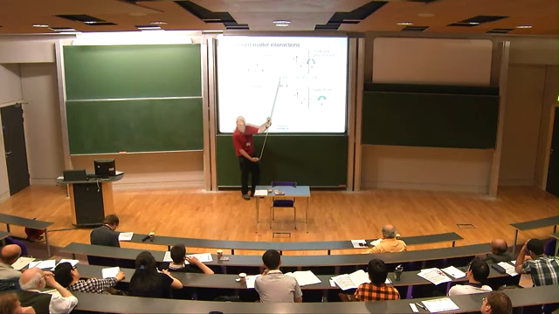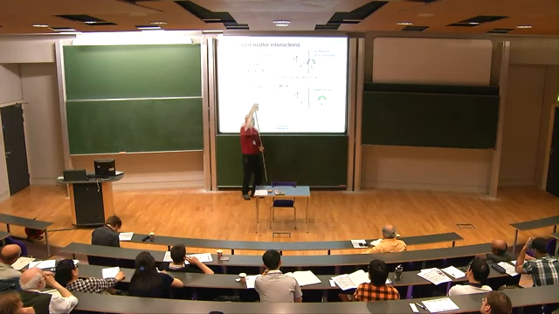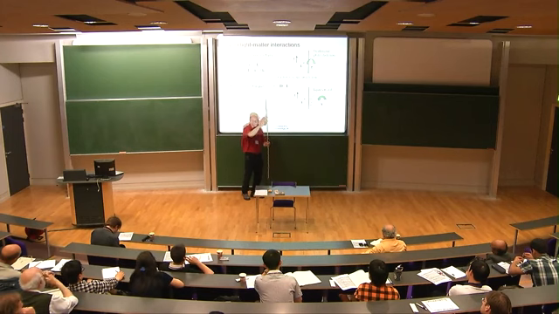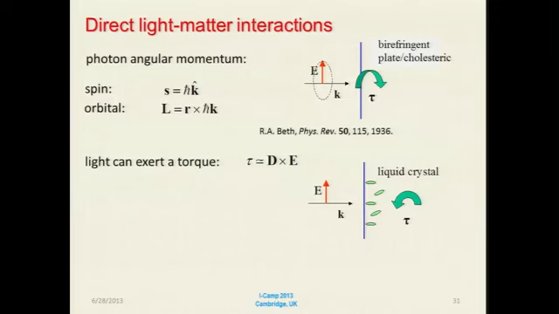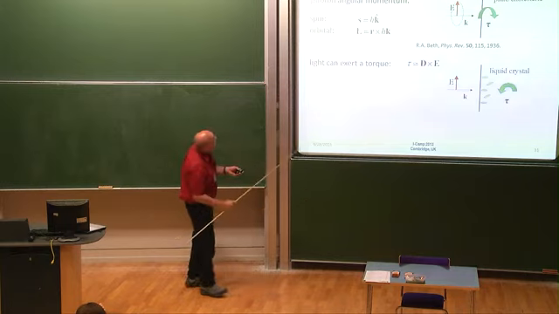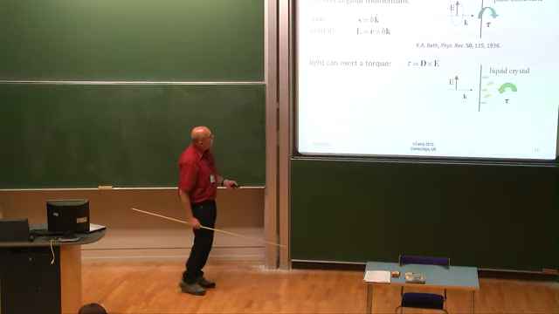Photon comes in here, hits the mirror, pushes on it that way, goes up, hits the mirror, comes up. So there's a net torque on the periscope due to the momentum transfer with the mirrors. And the molecules are just like that, and so light exerts a torque on these molecules, the orbital angular momentum.